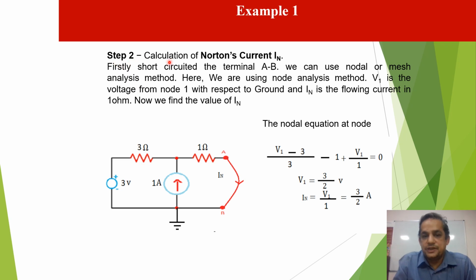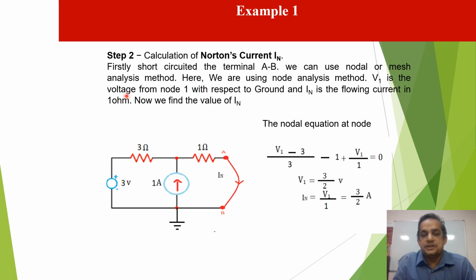Step 2, calculation of Norton current IN. Firstly, short circuit the terminals A and B, which I have said. We can use nodal or mesh analysis method. Here we are using the node analysis method. If you want to use mesh or superposition, then you use it.